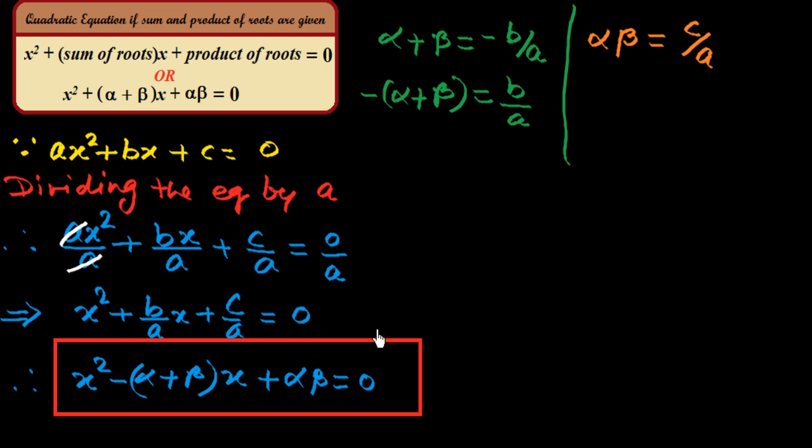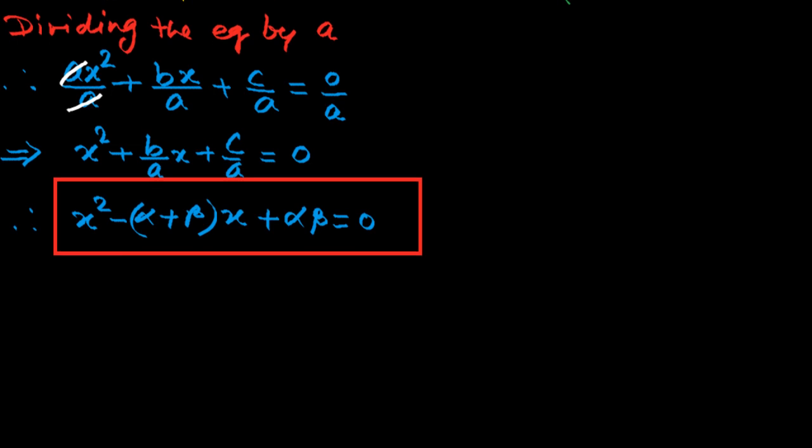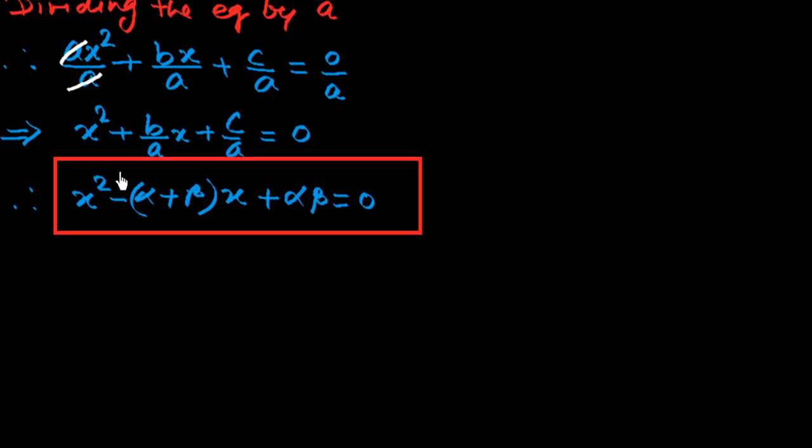So let us take one example to understand in a better manner. If you have the roots, x is equal to minus 1, and another root of the same equation is x is equal to 3 over 2.